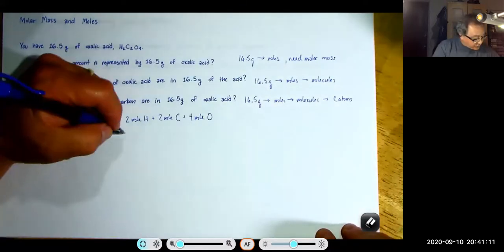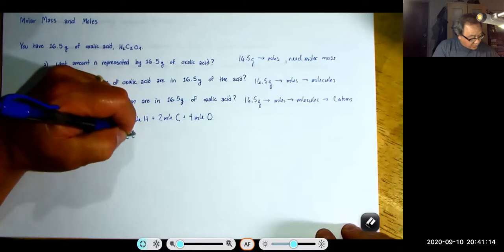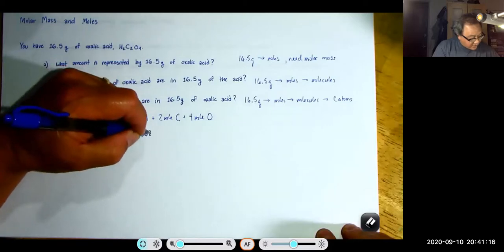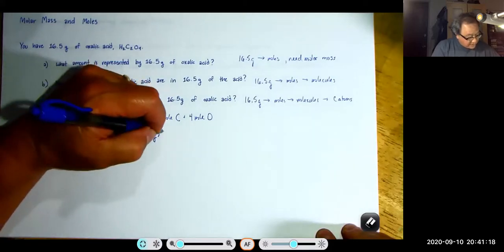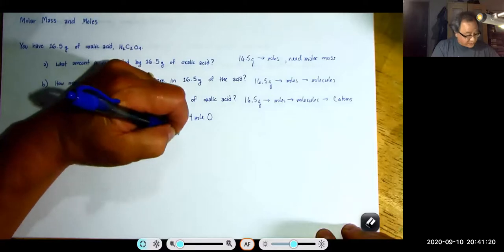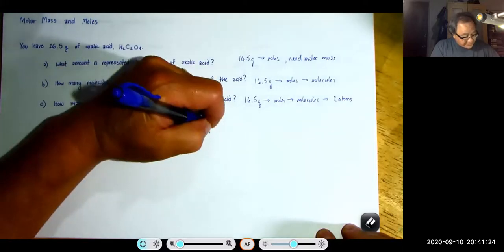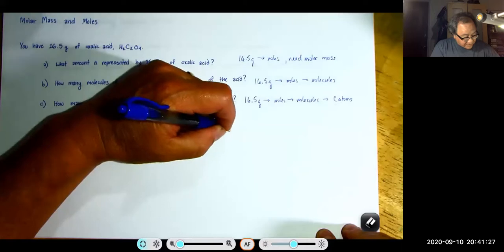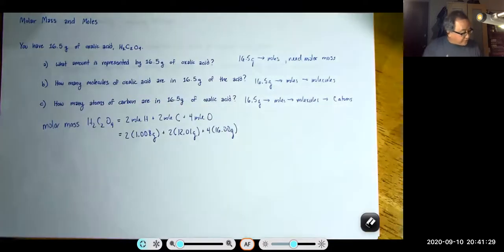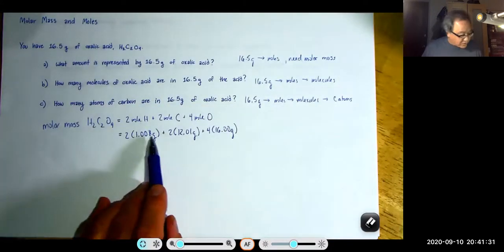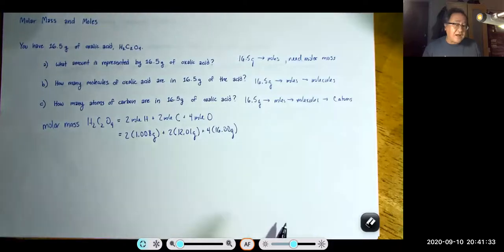So that's going to be equal to 2 times 1.008 grams of hydrogen plus 2 times 12.01 grams of carbon plus 4 times 16.00 grams of oxygen. So you'll notice I'm not putting grams of hydrogen here and grams of carbon and grams of oxygen because it doesn't matter where the grams come from. We just want the total.